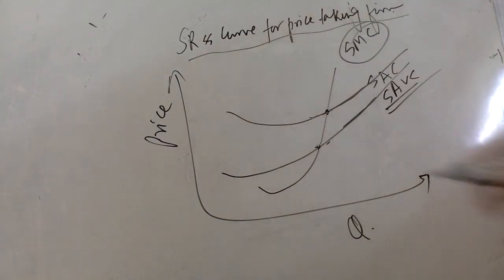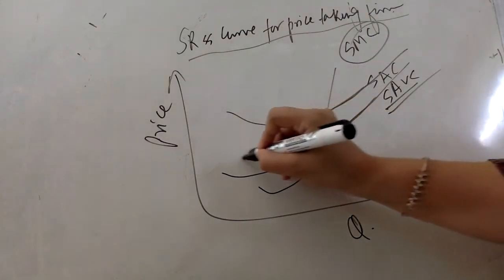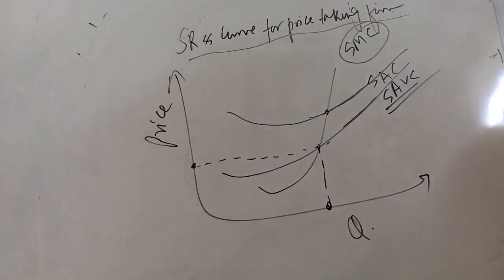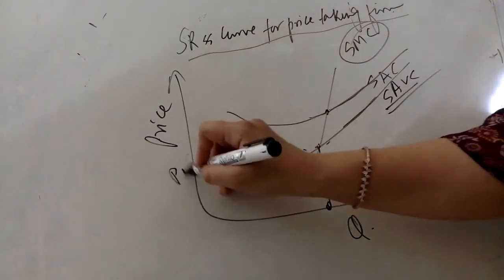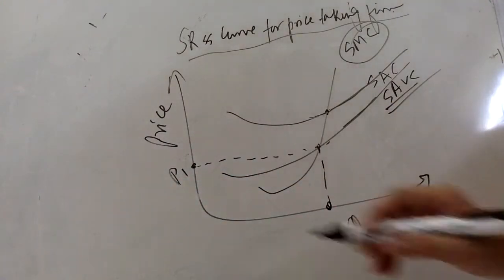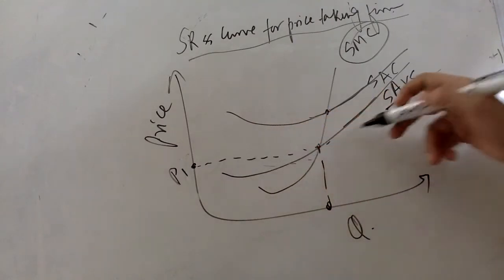Okay, so let's understand at different prices what the firm will actually produce. So think about this price, say it's P1. Will he choose to produce at any price below P1?